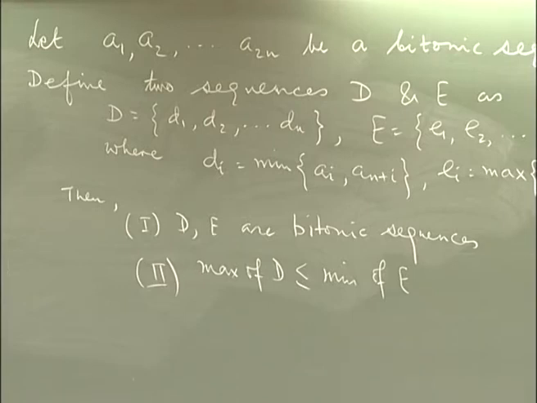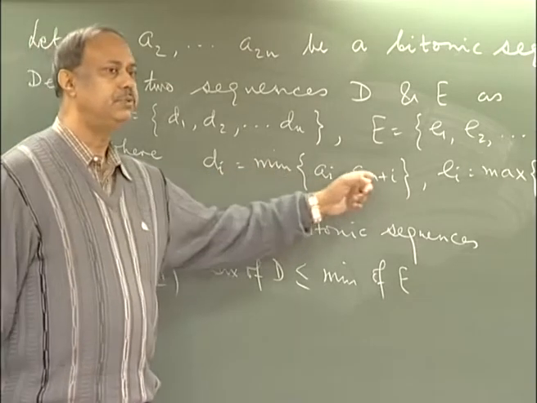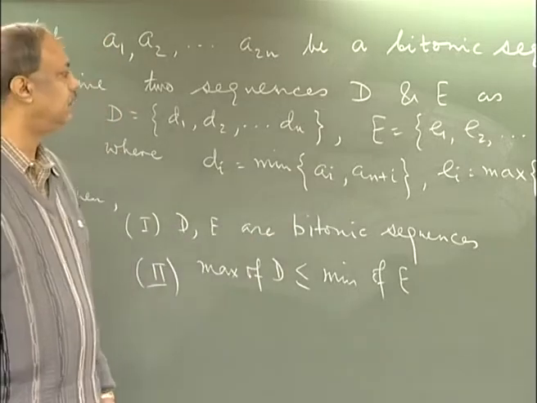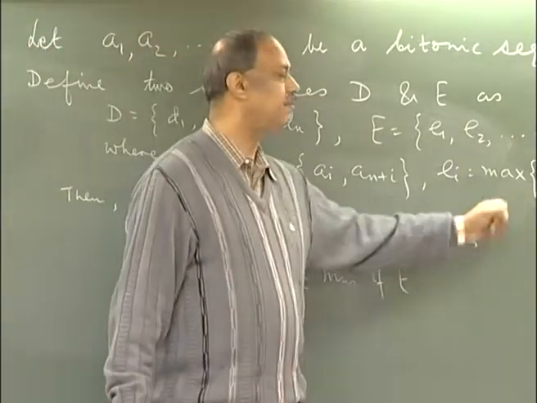So the statements are clear: we have obtained the two sequences D and E. The ith element of D is obtained by taking the minimum of these two elements, and Ei is obtained by taking the maximum.